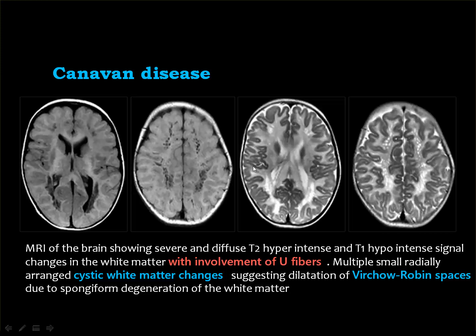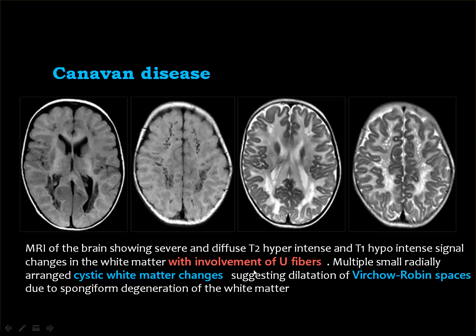And the accumulation of N-acetyl aspartate in the brain parenchyma will result in what is known as vacuolated white matter. If you look carefully, you see many cystic changes in the white matter, which are similar to the Virchow-Robbins spaces, and the literature may consider them as dilated Virchow-Robbins spaces.